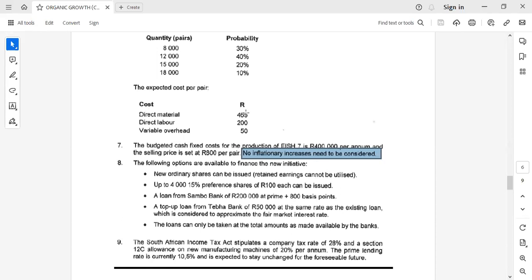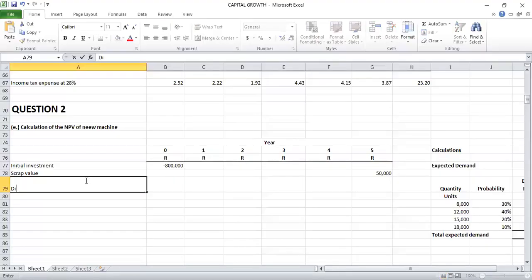So our direct material will take the cost 465 times the expected demand, which we have calculated here, which is the 12,000.